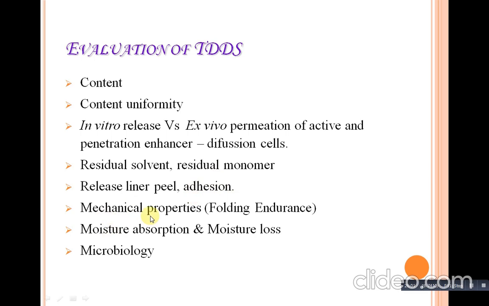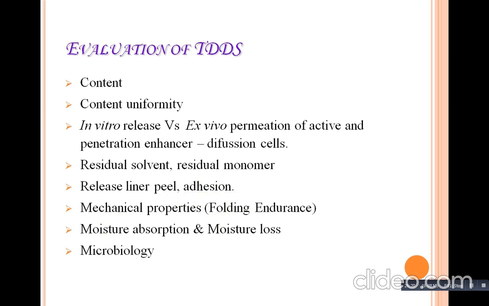Next are the mechanical properties. One of the tests for checking mechanical properties is folding endurance, where the transdermal patch is folded at one location, straightened again, folded again, straightened again. We have to determine after how many foldings it breaks.